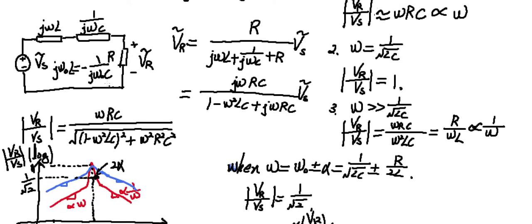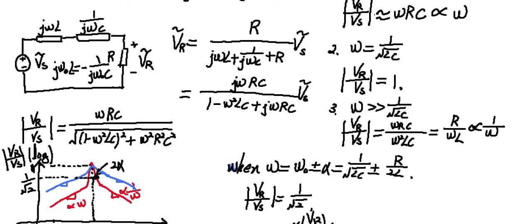However, when the frequency is far away from the resonance frequency, the circuit is either dominated by the inductor or dominated by the capacitor. For example, at very low frequency, the circuit is dominated by the impedance of the capacitor.